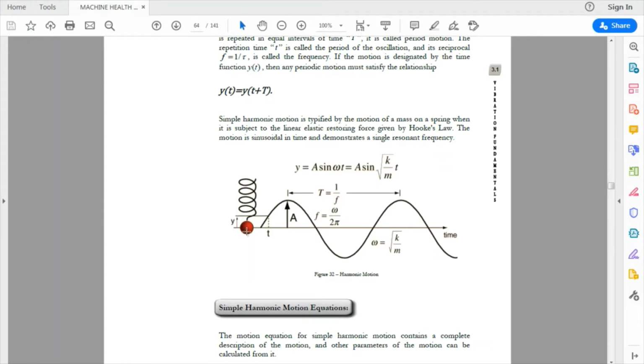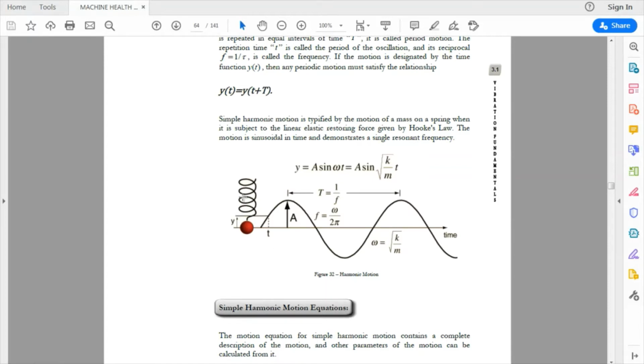Sometimes the mass will reach a peak or high value in compression, and this is called A capital. And sometimes the same mass will go down to the highest value, which is the same value of A, the amplitude. A is the peak value, the highest point, either positive or negative. And this motion will continue forever, up and down.